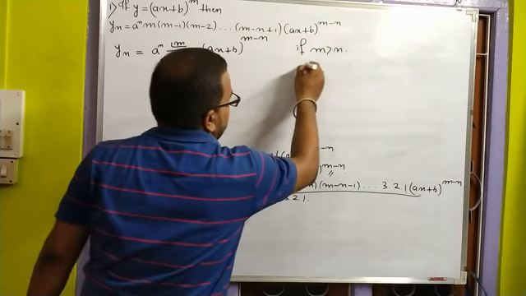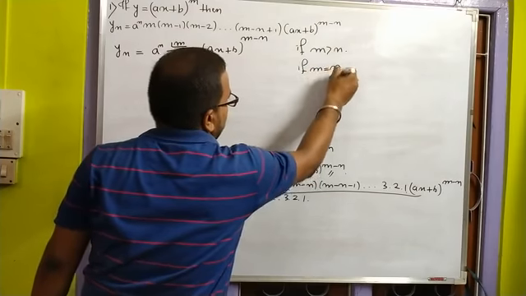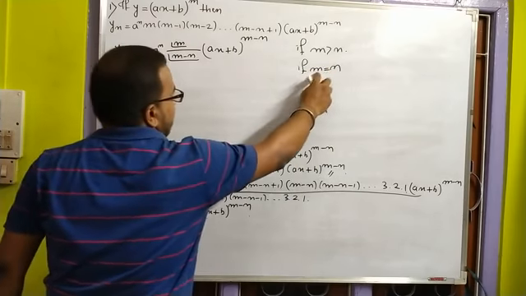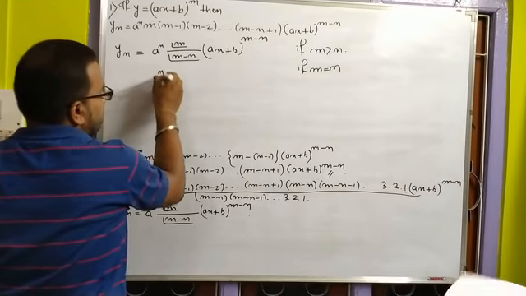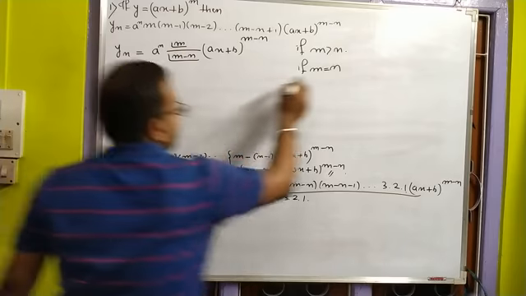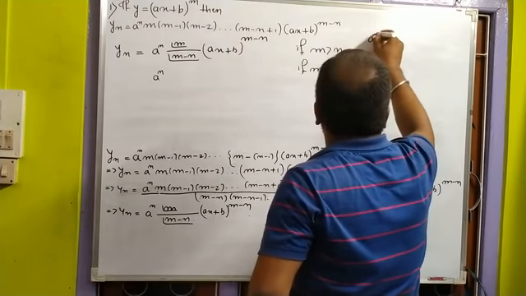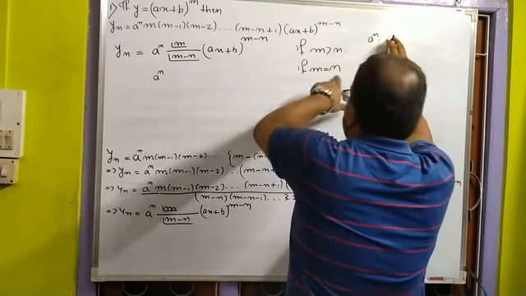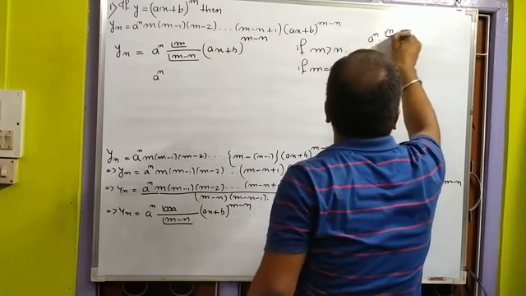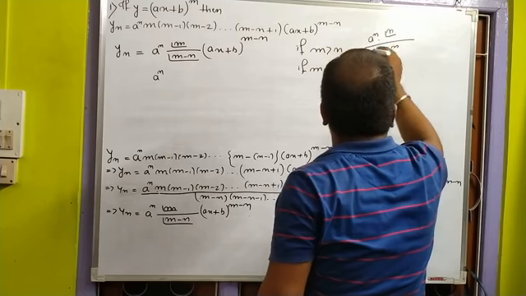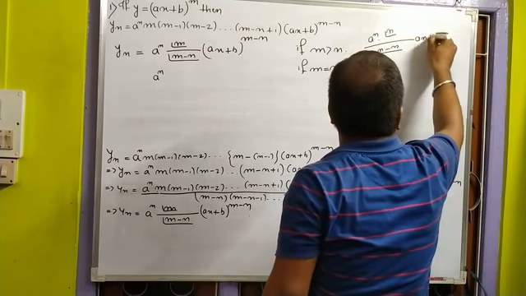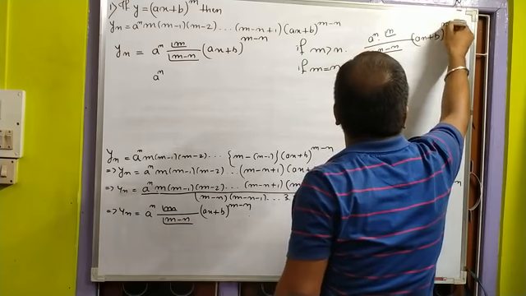Now the next case will be if m equals n. So you just put m equals n in this result. You will get a to the power n, then just put m equals n here, it will be factorial n, then it will be n minus n, then it will be (ax plus b) whole thing to the power n minus n.